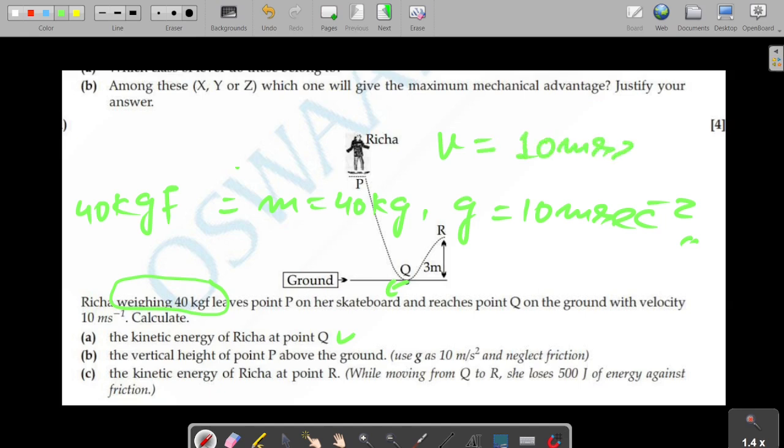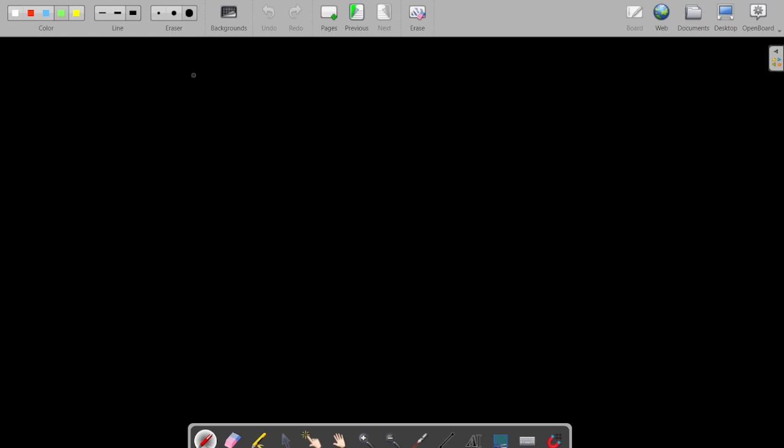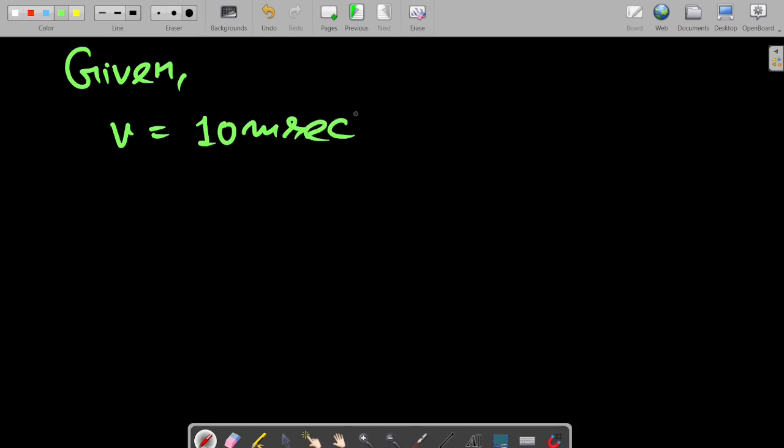So first we will determine the kinetic energy of Richa at point Q. So now, first we will write the given values. V is 10 meter per second and g value is 10 meter per second square.